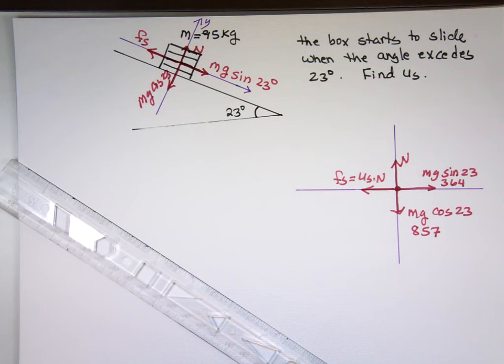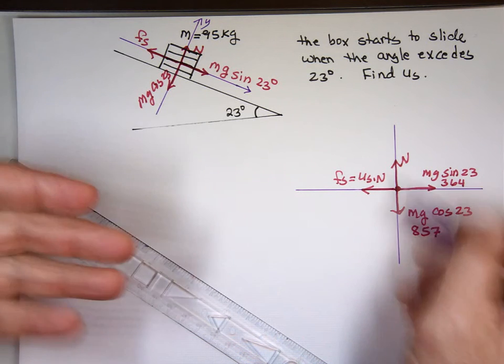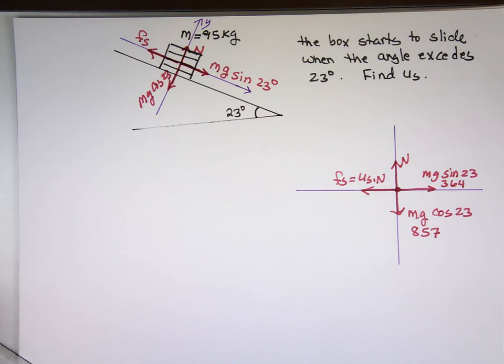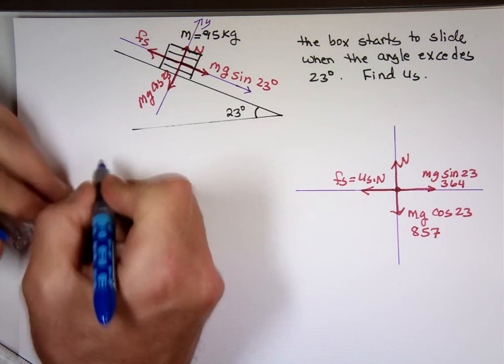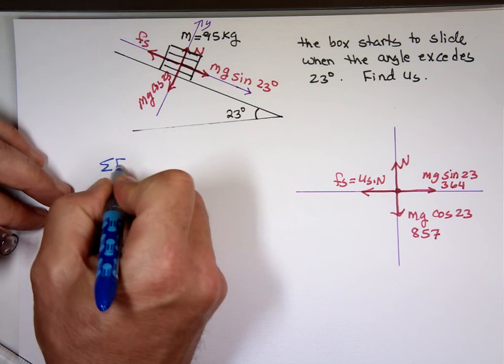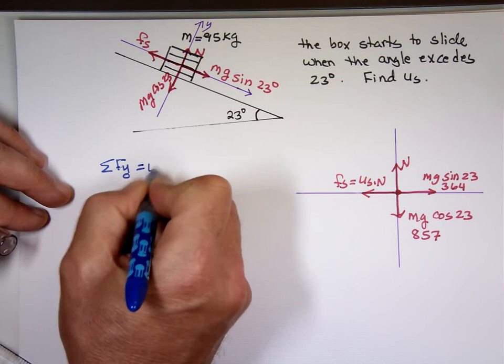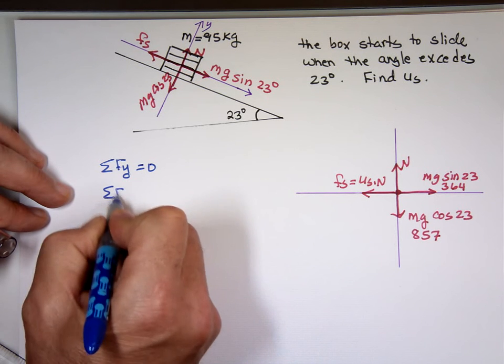Now at 23 degrees, we said the box is not moving. It's stationary. That's known as equilibrium. You'll see that in the next video. When the box is not moving, if you look at the net force in the y direction, it has to be 0, which means all the forces pointing upward should equal all the forces pointing down.